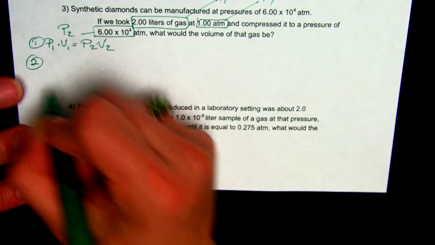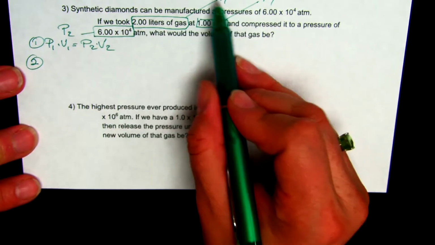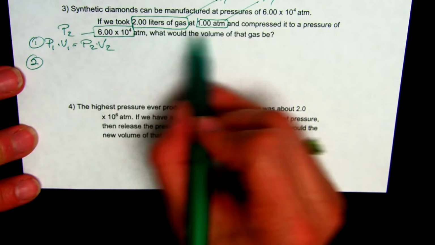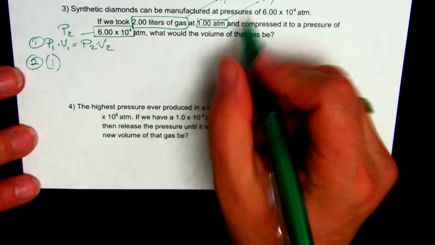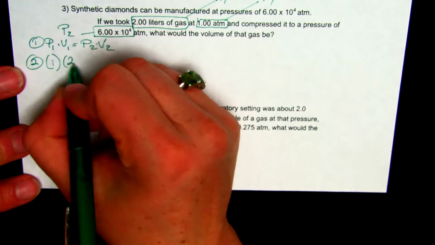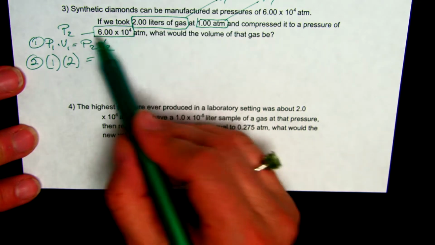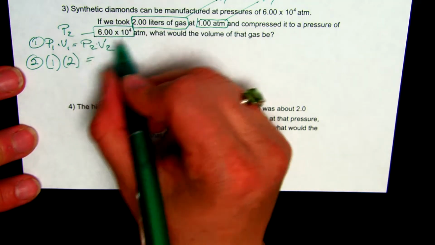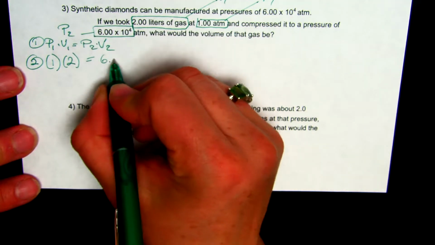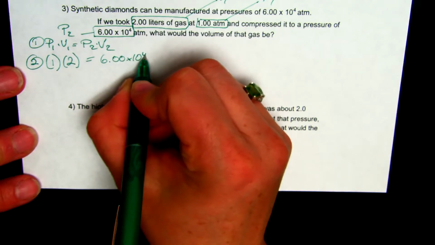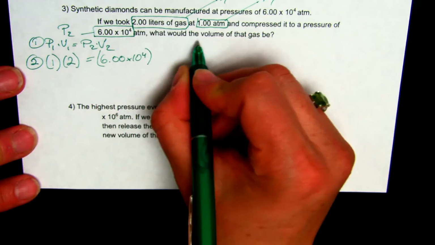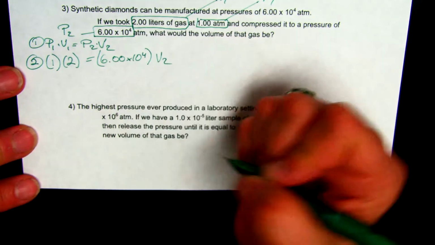The next thing you will do is write it out. My pressure is 1 atmosphere for P1 times 2 liters of gas. Now intense high pressure, so 6.00 times 10 to the fourth. And I want to know what my volume 2 will be.